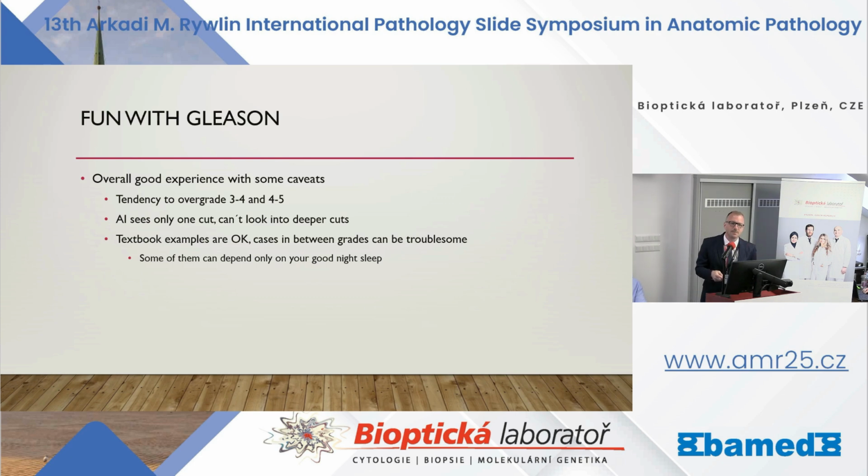The textbook examples are mostly okay, but the troublesome in-between cases depend only upon pathologists, and as you know, these are troublesome even between 2 pathologists, sometimes even if you look at them in the morning or in the evening, you can disagree with yourself.